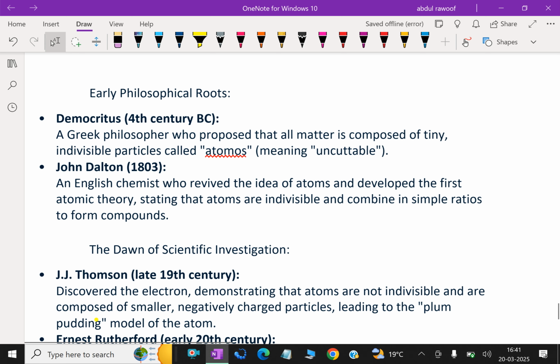Democritus, in the 4th century BC, a Greek philosopher, proposed that all matter is composed of tiny invisible particles called atomos, meaning uncuttable. John Dalton, in 1803, an English chemist, revived the idea of atoms and developed the first atomic theory, stating that atoms are indivisible and combine in simple ratios to form compounds.